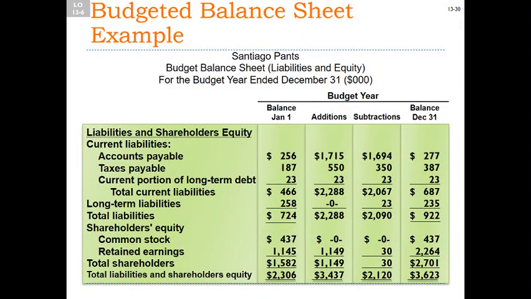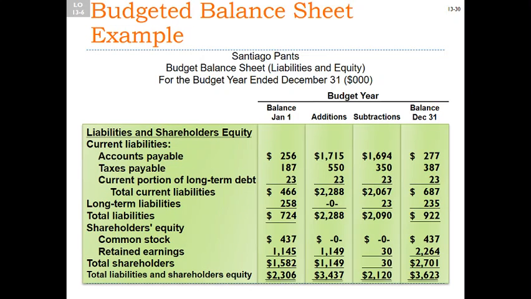And then as far as liabilities and shareholders' equity, accounts payable would be from our budget that we just did. Taxes payable from what information they already had, plus our estimated tax payment in the income statement.